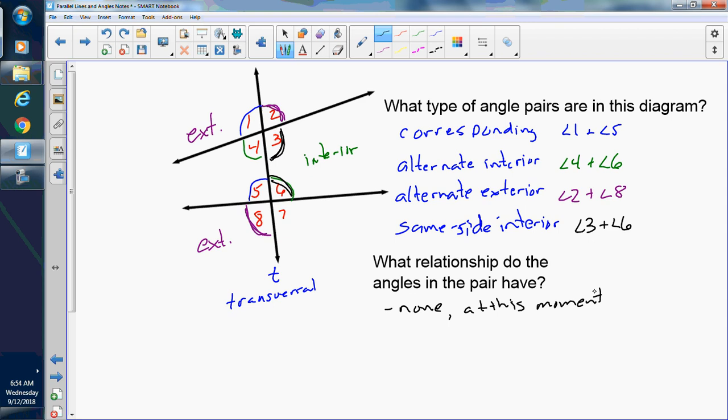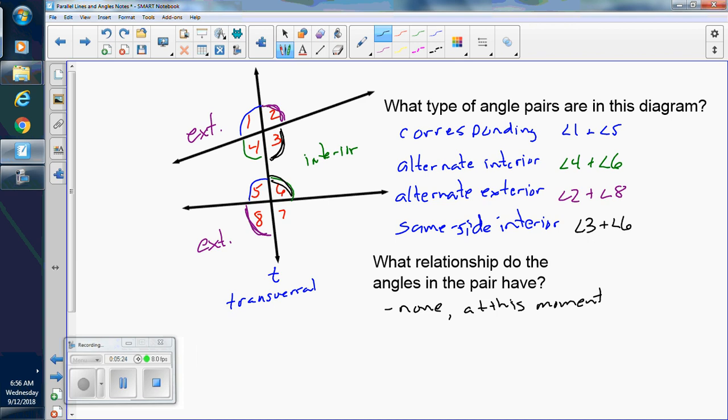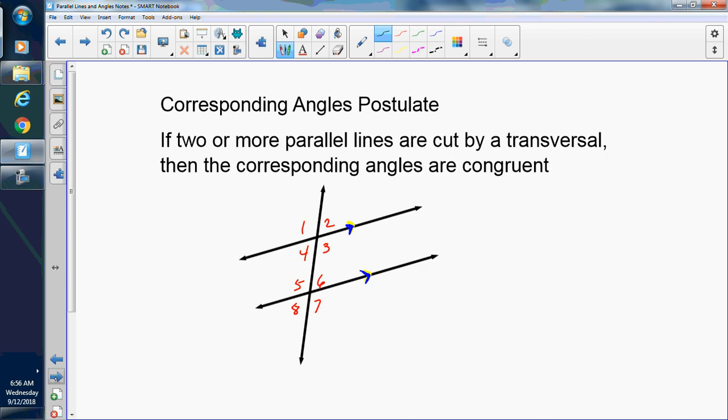But today I'm going to share with you some relationships that they will have, provided a given condition happens to be true. So let's dive right into that. We'll need to look at these four pairs of angles and see what characteristics occur.